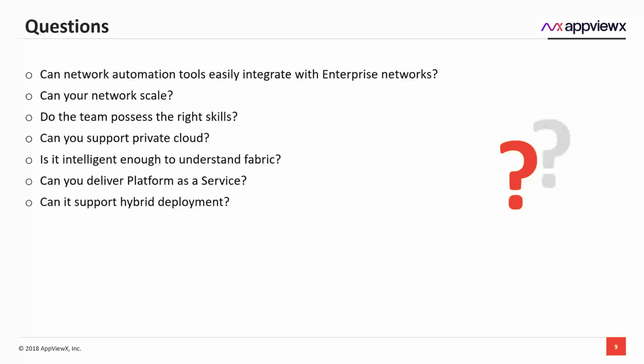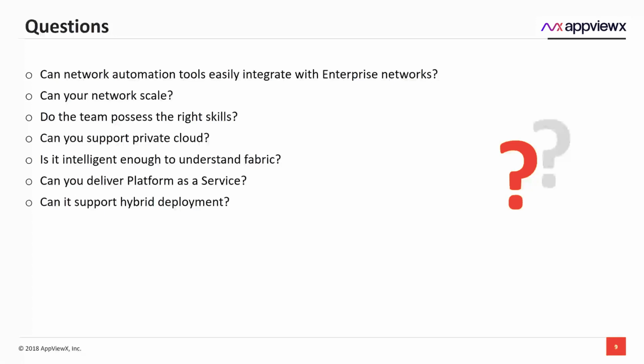And does the team possess the skills? Can they be trained? Can they be upskilled to support that? And can it support a private cloud or public cloud strategy? And if you're deploying Fabric in a greenfield, can it understand Fabric while it supports brownfield deployments?